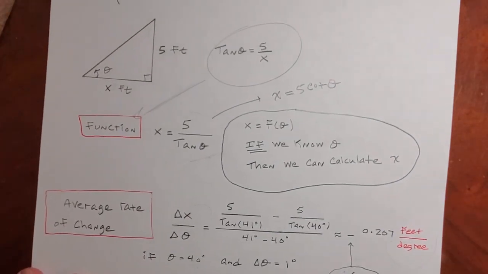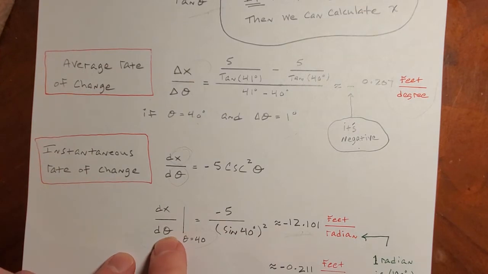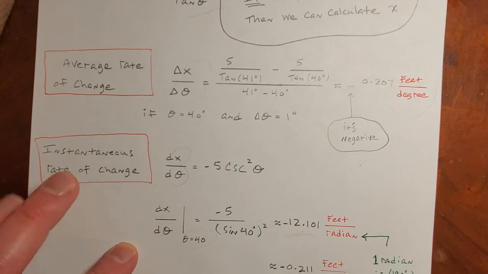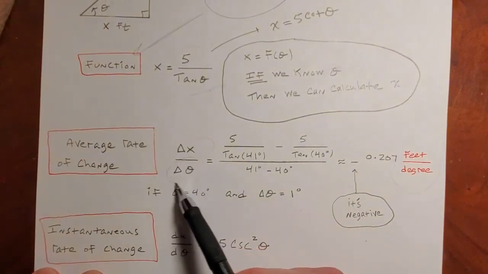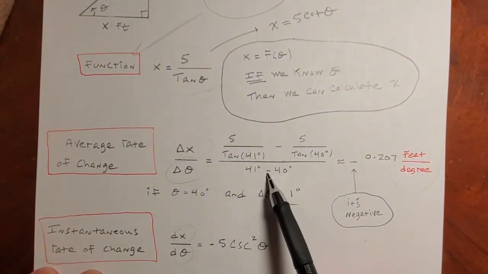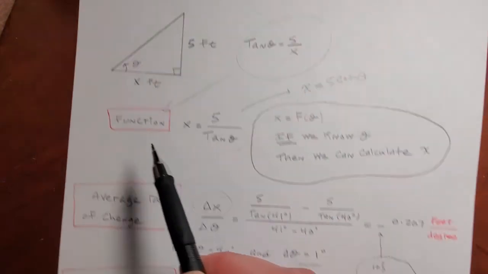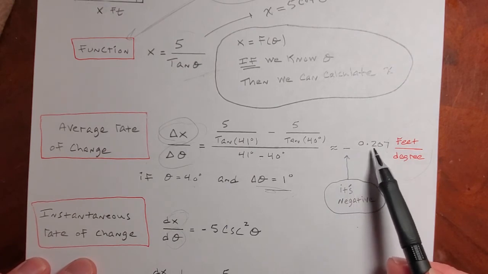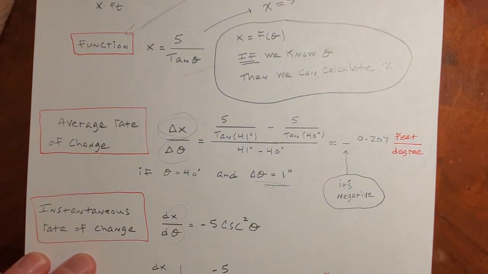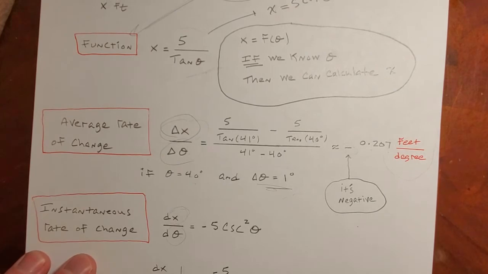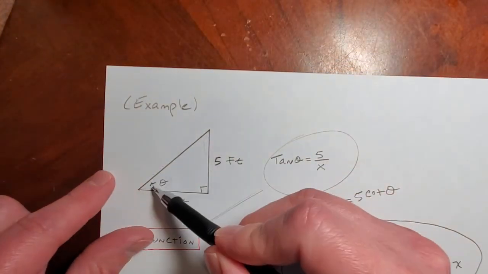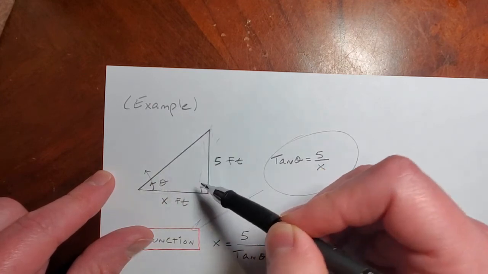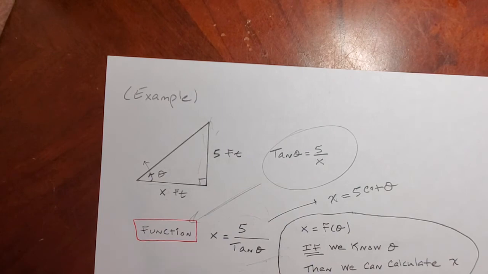Okay, what's it all mean? Well, the derivative is approximately equal to the average. What's the average saying? It says if the angle gets bigger by a degree, then x, the base of the triangle, has to get smaller by 0.2 feet. Does that make sense? Does it make sense that if the angle got bigger, but this side stayed the same, x would have to get smaller?